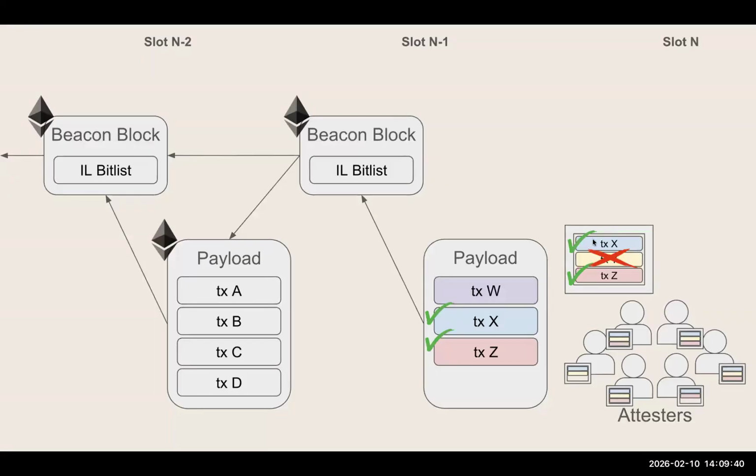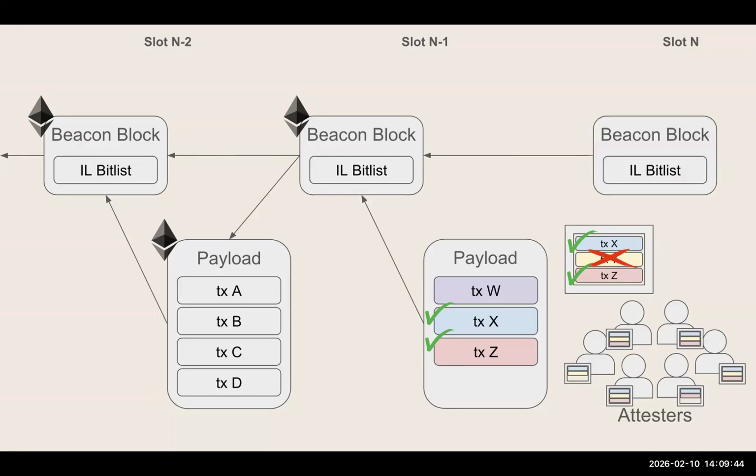Then attesters store this payload as IL non-compliant, and when they receive a beacon block for slot N, they expect it to extend the envelope for slot N minus two, not N minus one. They vote for the beacon block only if it correctly reorgs the IL non-compliant envelope. So this is it. These two changes will be the main changes of the FOCIL spec on top of Glamsterdam. Yeah, sorry.